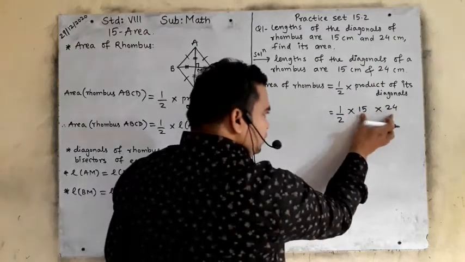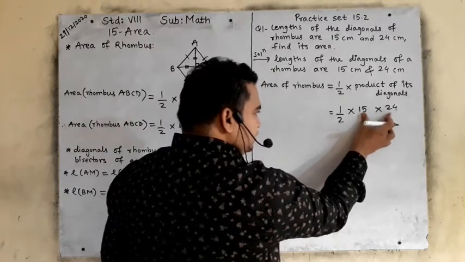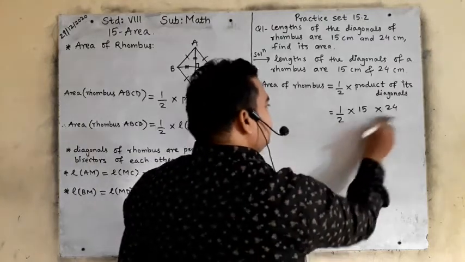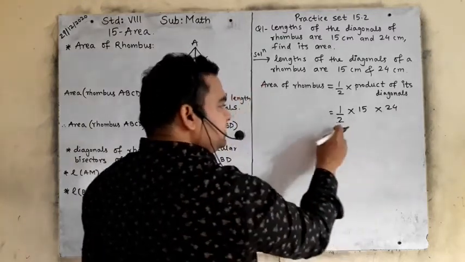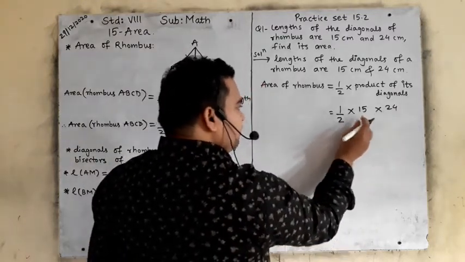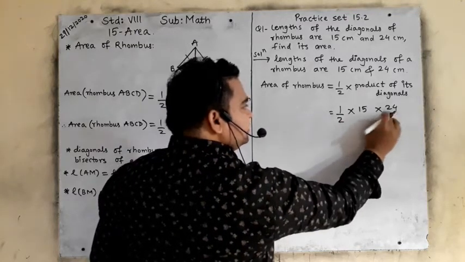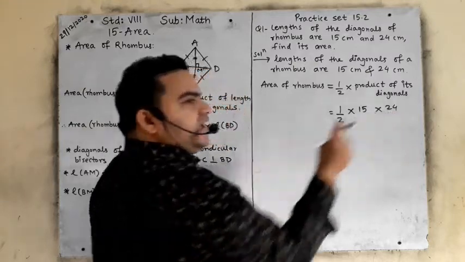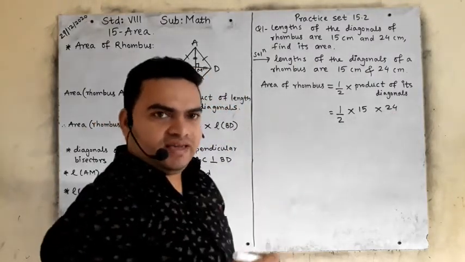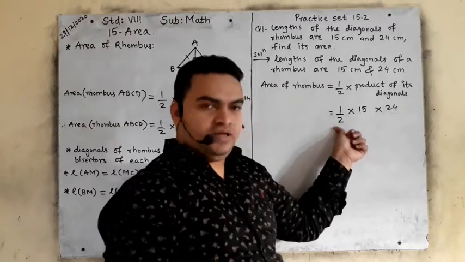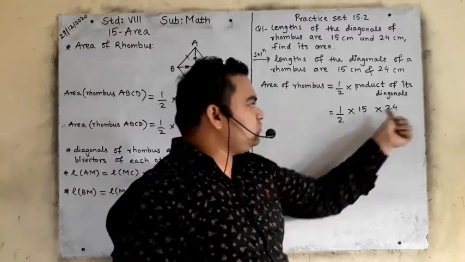If you want, you can directly multiply these two diagonals and then take half, that is also okay. But if you want to cut directly, divide 24 by 2, in the 2 times table. This 24 is easily divisible by 2, because at the unit place there is a 4. So we will divide this 2 and this 24.